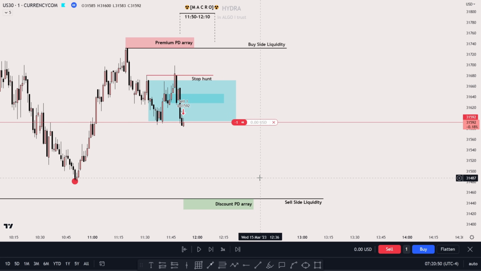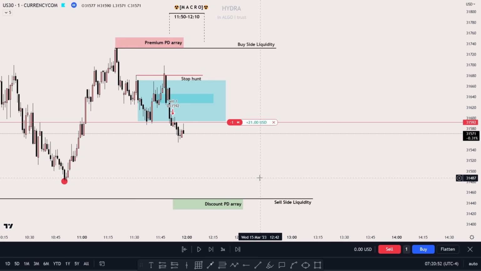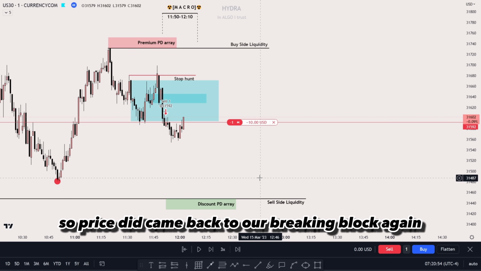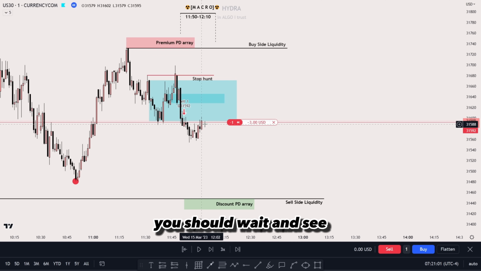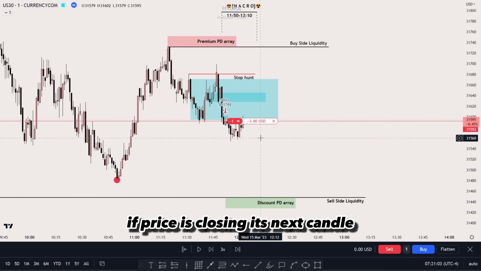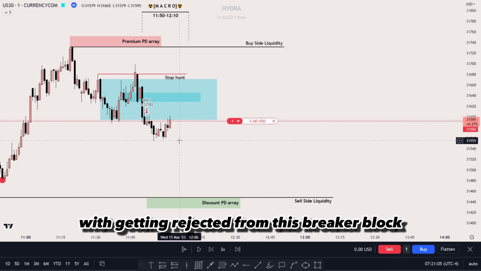So price did come back to our breaker block again, and when it does something like this, you should wait and see if price is closing its next candle with getting rejected from this breaker block.